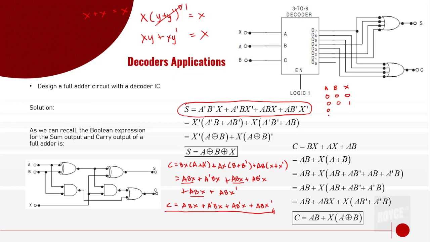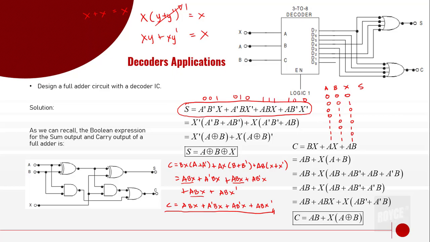So bilisan ko na lang. 1, 1, 0, 0, 1, 1, 0, 1, 0, 1, 0, 1. So yan yun. And then our S will be, nasaan siya? Nasa 0, 0, 1, 0, 1, 0, 1, 1, 1, tsaka 1, 0, 0.